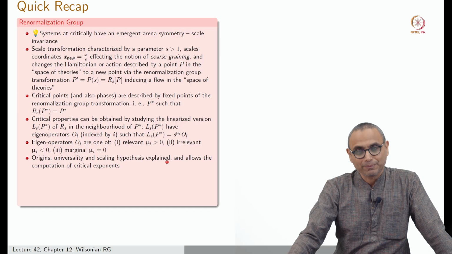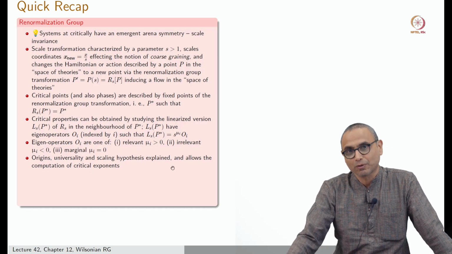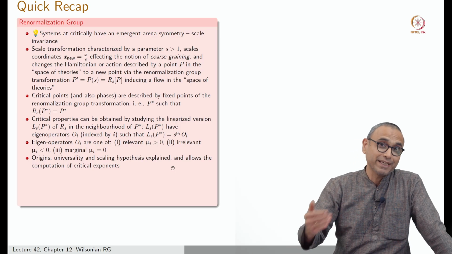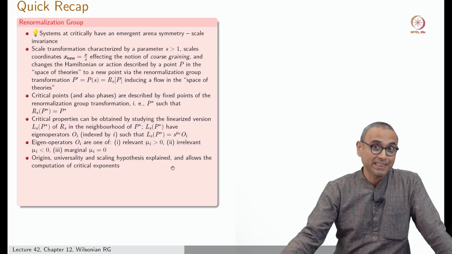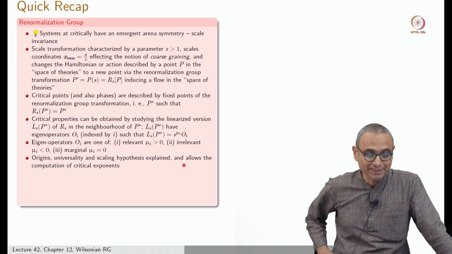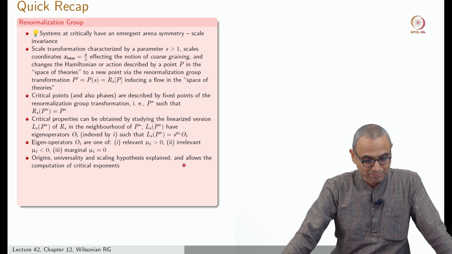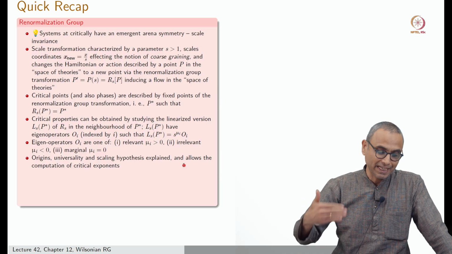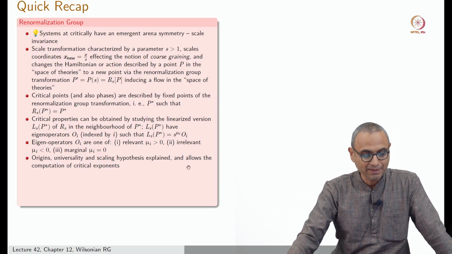From there you can understand universality, and if you look a little deeper, you will also realize that the singular part of the free energy is a generalized homogeneous function of these relevant operators, and therefore the scaling hypothesis, as was postulated to understand the critical properties, will come out as an outcome of this idea.